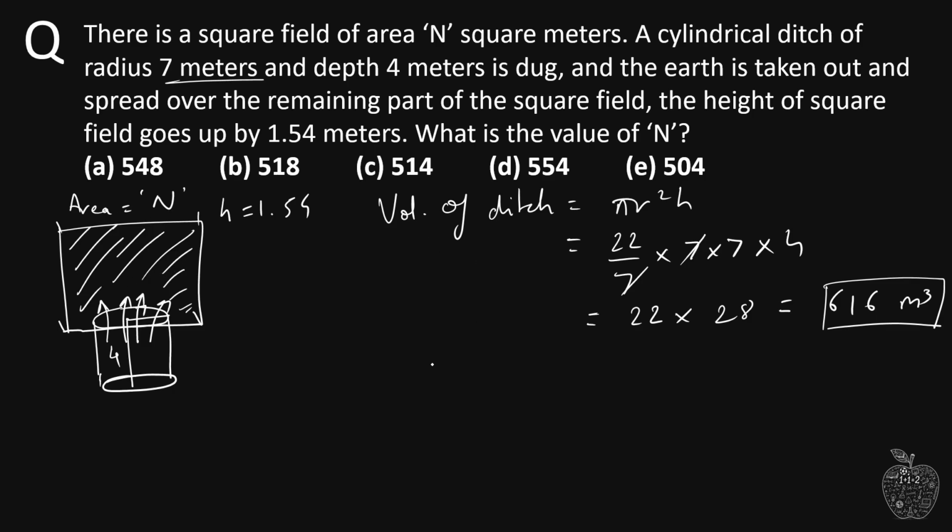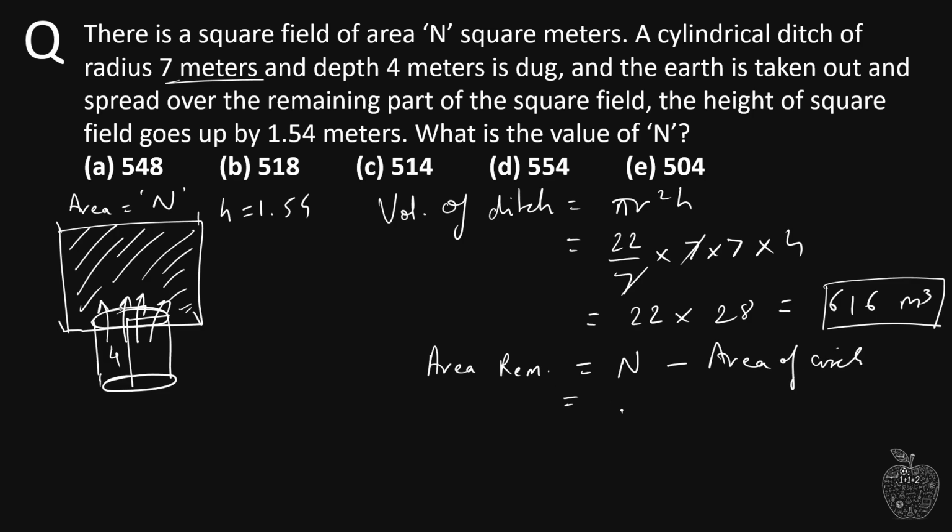So now we have to find out the area of the remaining field, right? How will we find out the area? What we'll do is take the area of this entire field, which is n, and subtract the area of this circle, because that's where the ditch has been dug out.